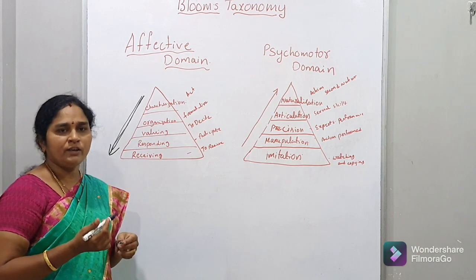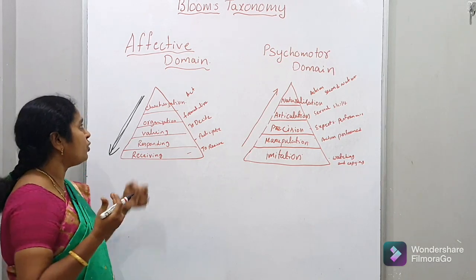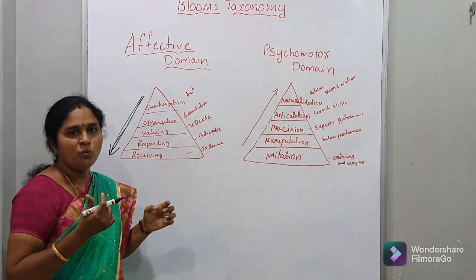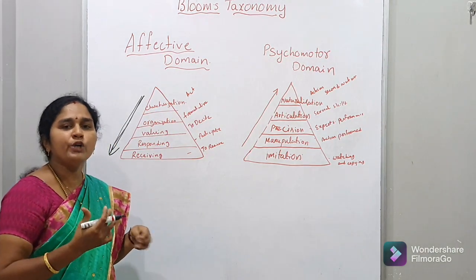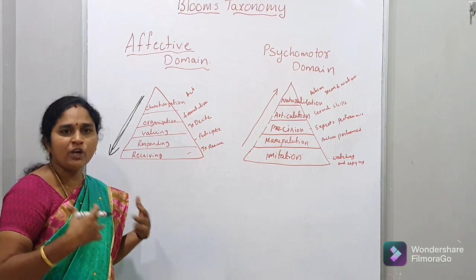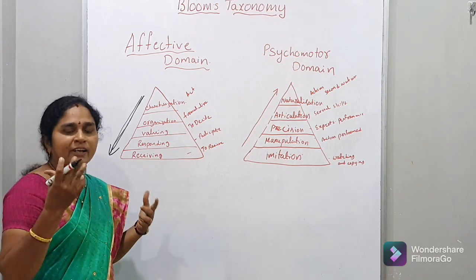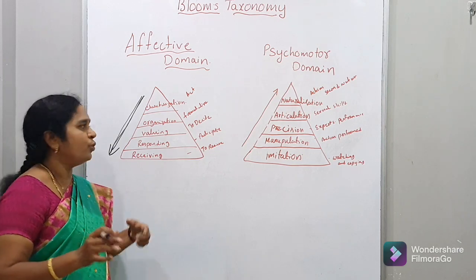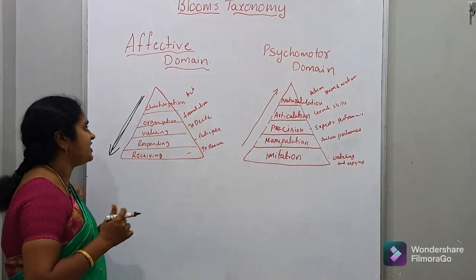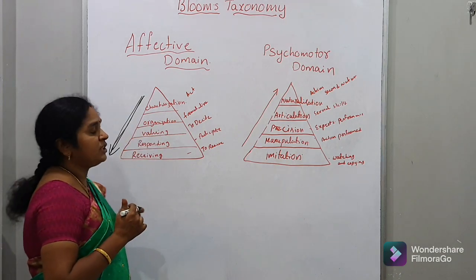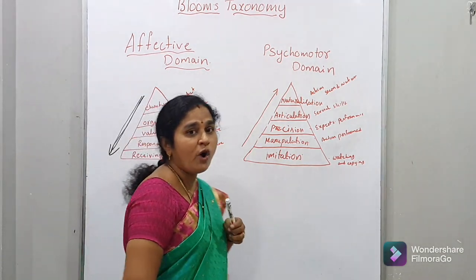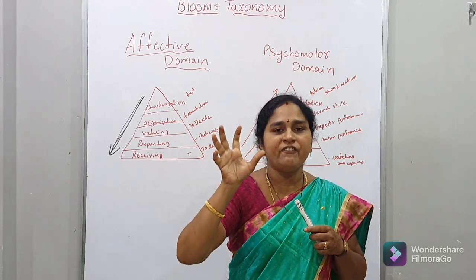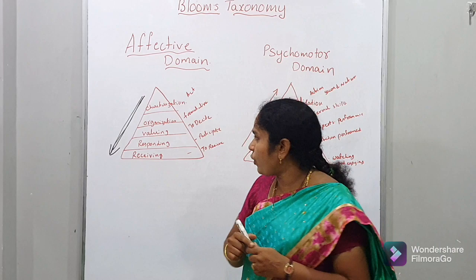Characterization is the act: what feelings and emotions we have, and what we do about them. And organization is the formative: what we do for each and everything, that is formative.